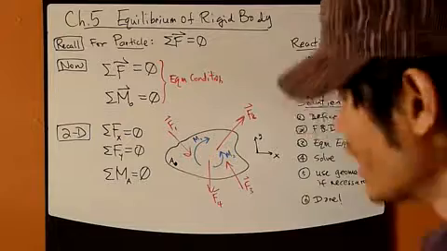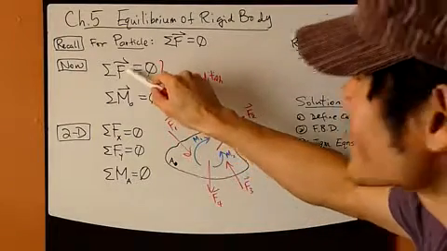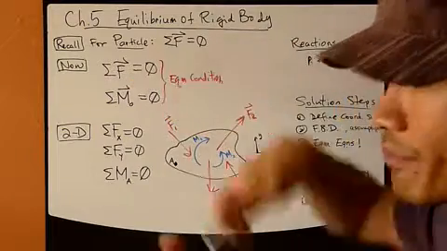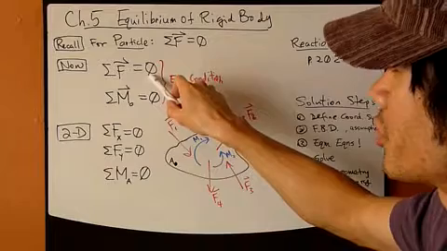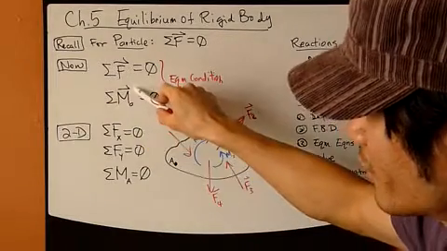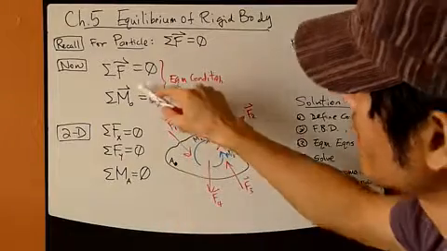So this sum of forces equation is pretty straightforward, just like before, just a particle. You sum all the forces up in each direction and set them equal to 0, and that's it. Now this sum of moments is also a vector equation. Moment is a vector, it has direction.